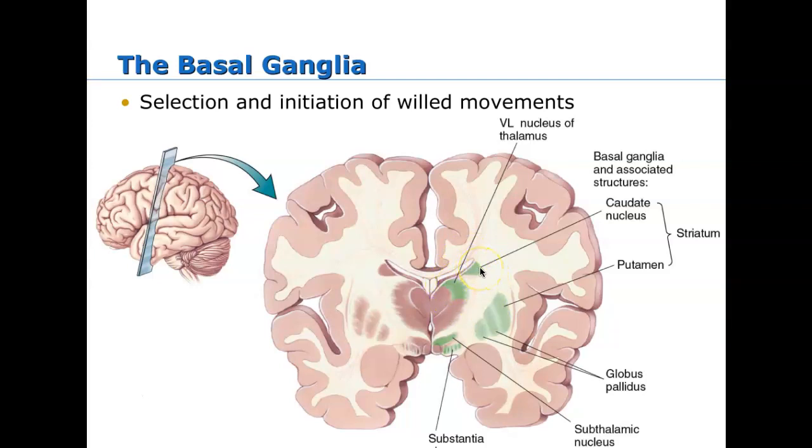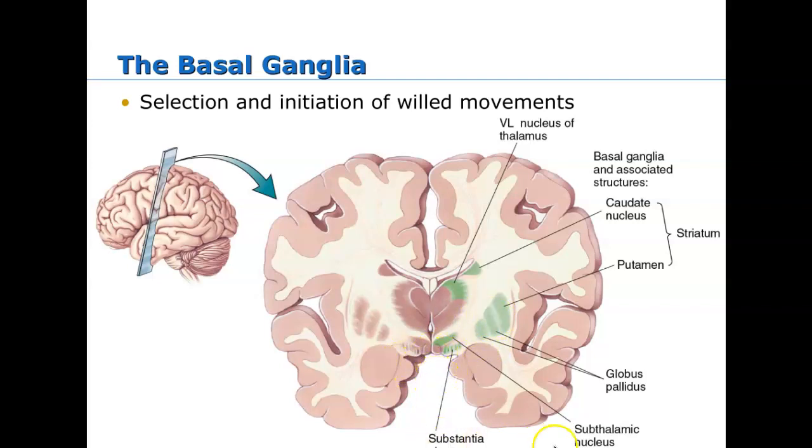So the parts that are interesting to us are the striatum, which is right here. The striatum consists of two bits, the caudate nucleus and the putamen. Okay, so these are the major parts that we're going to talk about. And then right next to it, there is something called the globus pallidus, or the pallidum, and there is an external and internal part, and these two will have different functions.